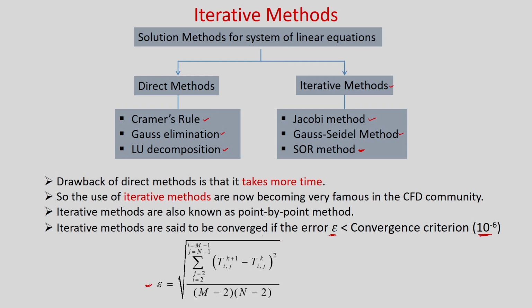If this epsilon decreases with time, and goes below the given convergence criteria, let us say 10 to the minus 6, then your iteration will stop.